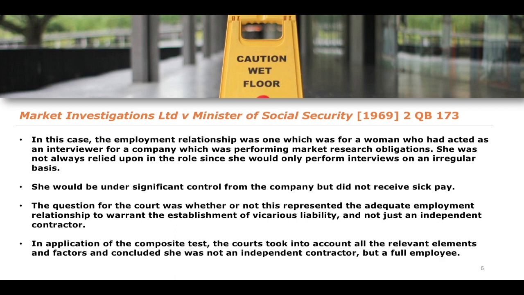In application of less of a control test and less of a reference to an employment contract, but more so a composite test, the courts took into account all of the relevant elements, and they concluded that she was not just an independent contractor, but that she was an employee.